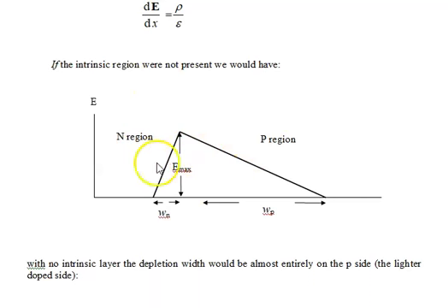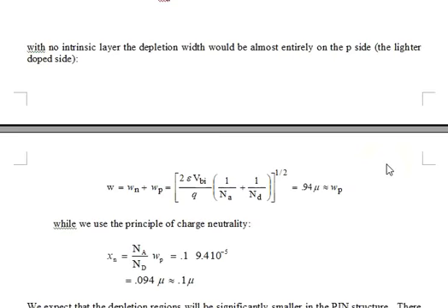This is a little bit more to scale. It shows the heavily doped N region with a high slope and the lightly doped P region with a much shallower slope. And again, these are the depletion regions here. So the quasi-neutral is over here for the N region, the quasi-neutral is over here for the P region.